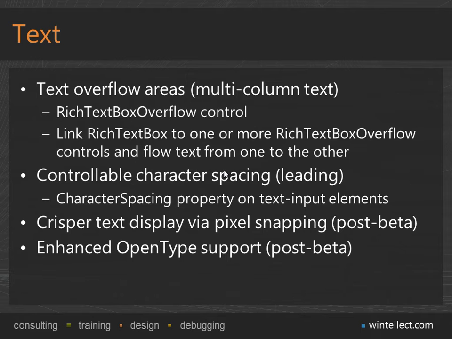There's a crisper text display with pixel snapping, and the way I understand pixel snapping, being aesthetically challenged and not noticing these things myself, is Silverlight runs on a layout that is a decimal-based layout. It's not based on pixels, it's based on a format that then gets mapped, and that's one of the beauties of the layout engine in both WPF and Silverlight, is you can have different resolutions and size screens and you can map that into it.